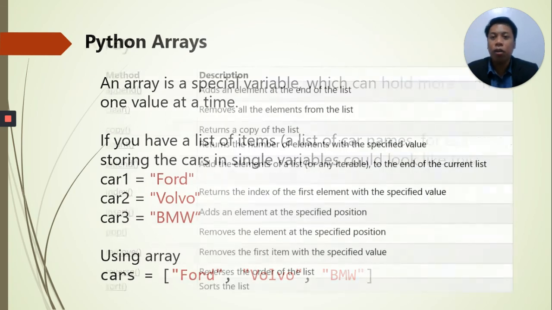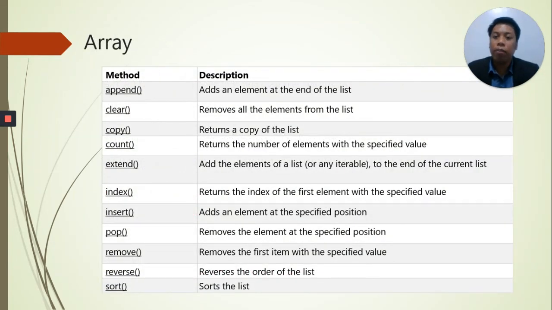And so, arrays also have different methods, and these are append, clear, copy, count, extend, index, insert, pop, remove, reverse, and sort. All of these methods can be used in Python when it comes to arrays.